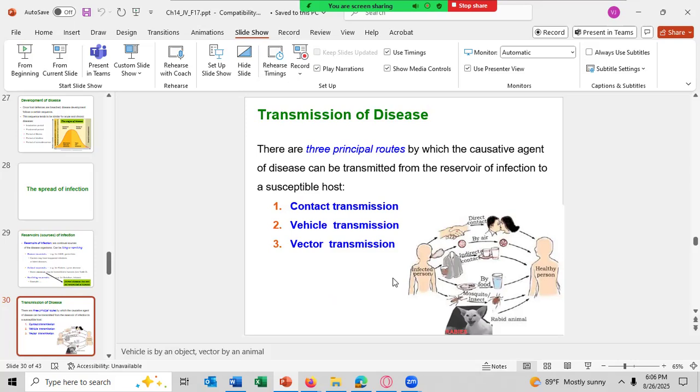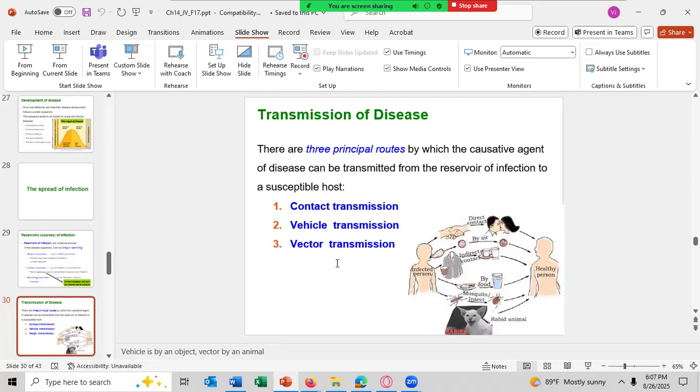You can have vehicle transmission, where something brings the disease-carrying organism to the healthy, susceptible patient, and that's usually by an object, picking up the disease-carrying organism and then bringing it to the patient. We don't call that an object, though. We call that a fomite. That's an object bringing the disease-carrying organism to the susceptible patient.